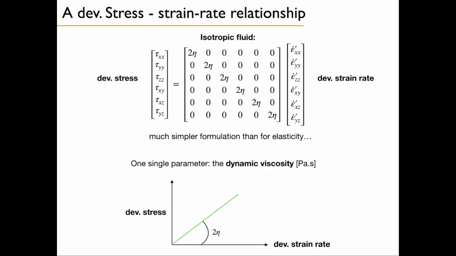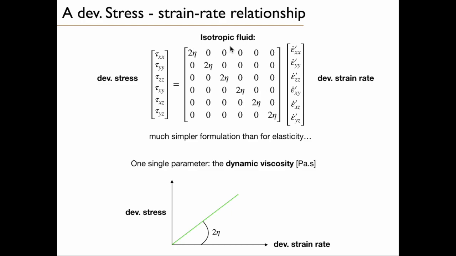And finally, we can write up the constitutive relationship for an isotropic fluid. So this applies for isotropic material. It's worth being stated. So we have the stress component on the left-hand side, 6 components, and the deviatoric strain rate on that side. And now you see the relationship is very trivial, as the coefficient matrix here only features 2 eta on the diagonal.